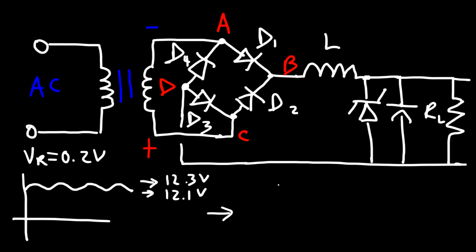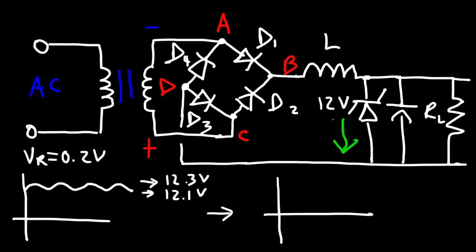In this case, we want to use a Zener diode that's rated about 12 or 12.1 volts. But let's use 12 because that's a nice round number. Now let's say the voltage is at 12.3. If the voltage is above 12, the Zener diode will be active, and so current will flow through the Zener diode.